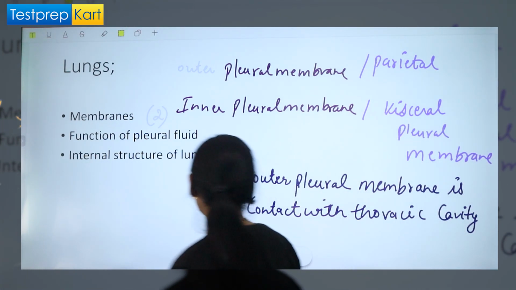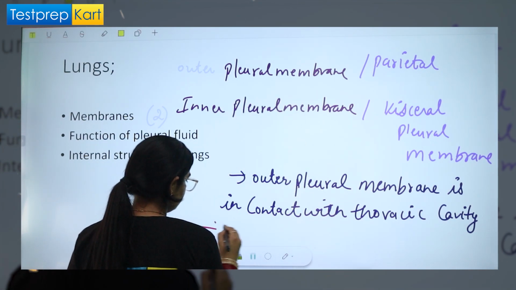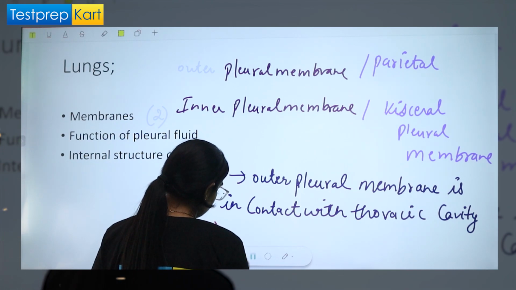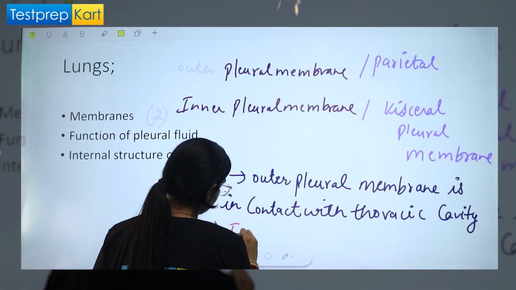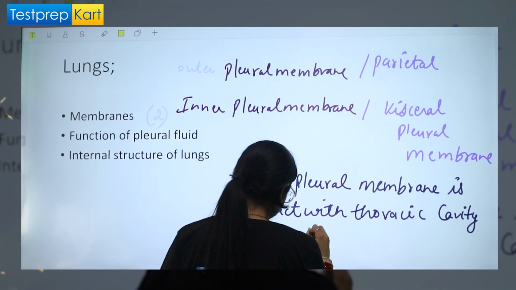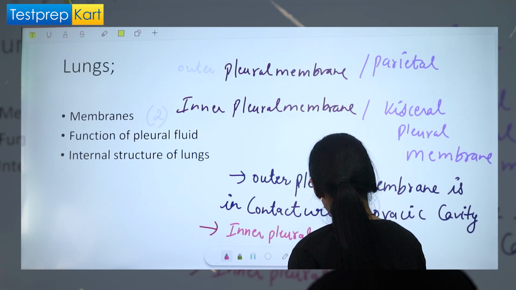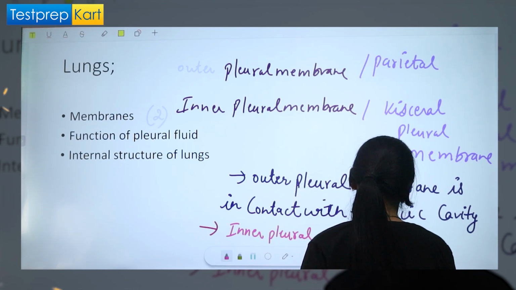When we talk about inner pleural membrane, it is in direct contact with the lungs, right? We are saying we had two membranes, so outer is in contact with the thoracic cavity, and inner pleural membrane is in contact with lungs.